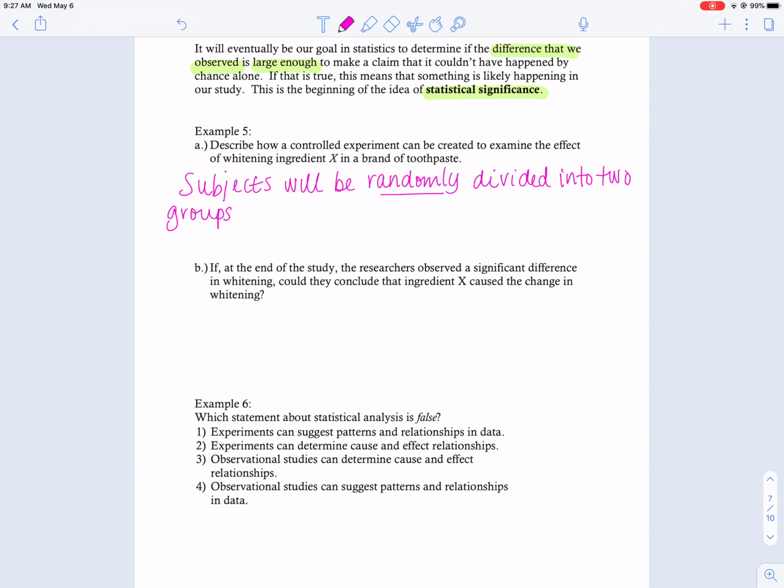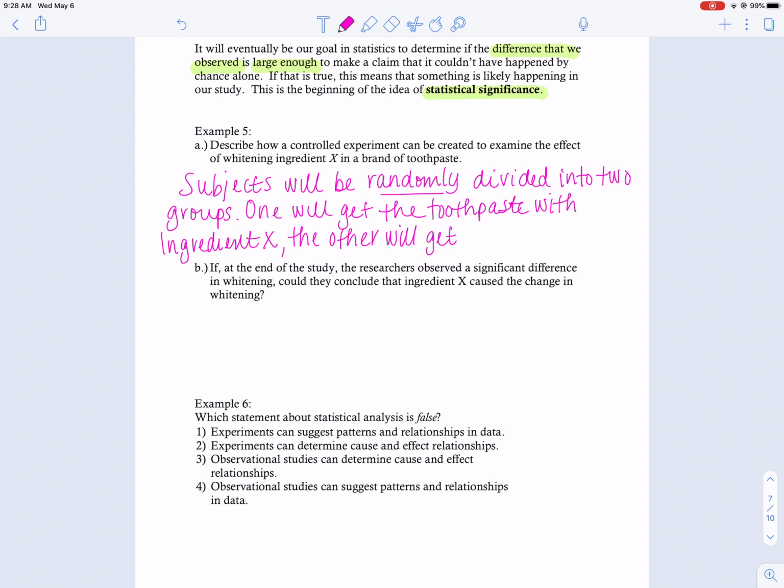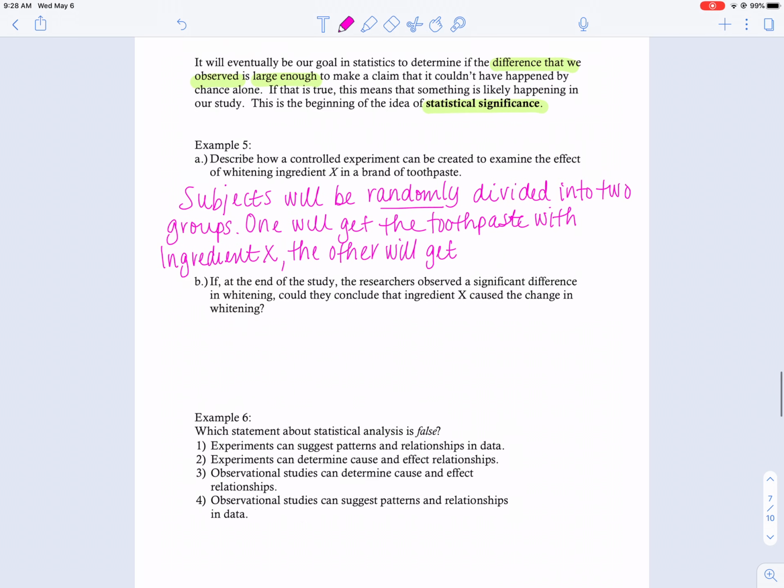One will get the toothpaste with ingredient X. The other will get regular toothpaste.